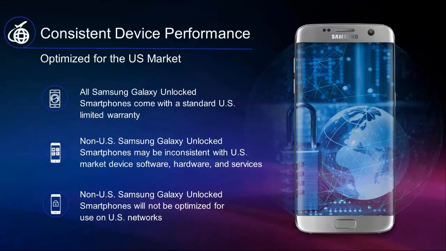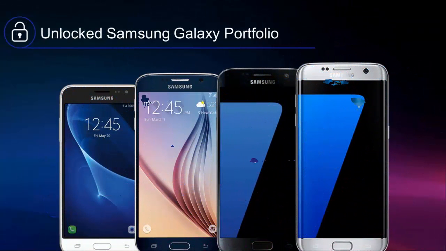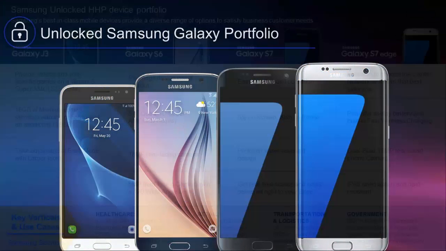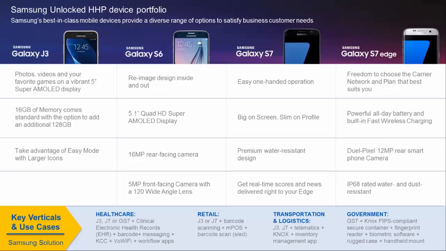However, any Samsung phones that are not purchased through authorized distributors and resellers or come from a different country may not be optimized for use on U.S. networks. This slide here talks about the 4 Samsung Galaxy phones that are available in unlocked versions.